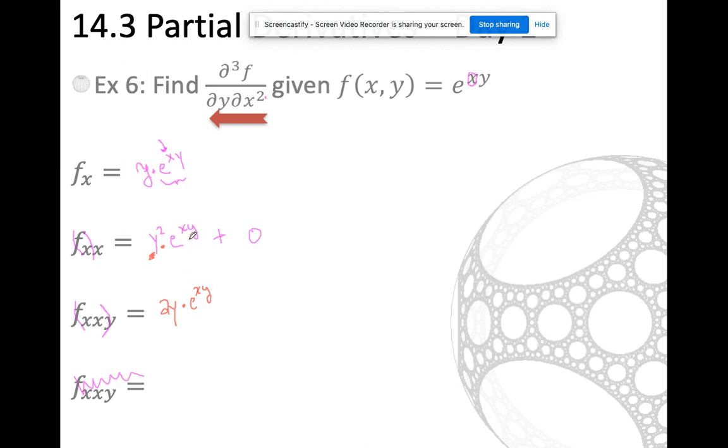Right, so e to the xy times the derivative of y squared plus y squared times the derivative of e to the xy in terms of y. So that's going to be, bring the x down, right? Multiply times the x as being a constant, e to the xy. Okay.